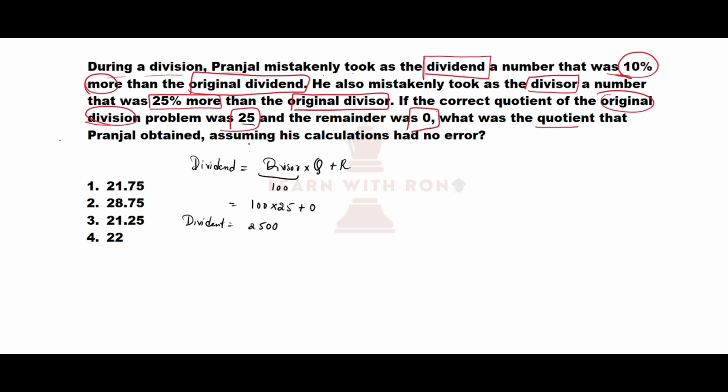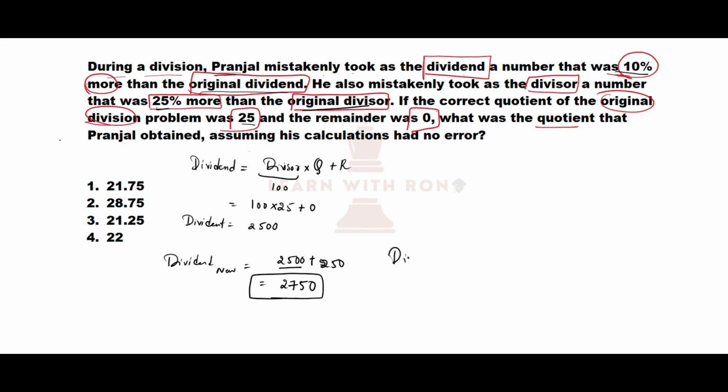But our poor Pranjal took 10% more than the original dividend. So the new dividend is 2500 plus 10% of 2500, which is 250, so our new dividend is 2750. Also he took 25% more than the original divisor.